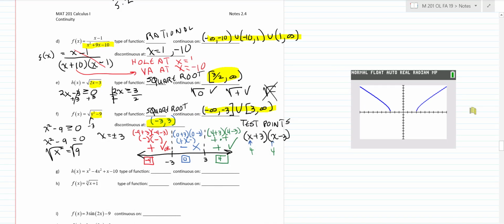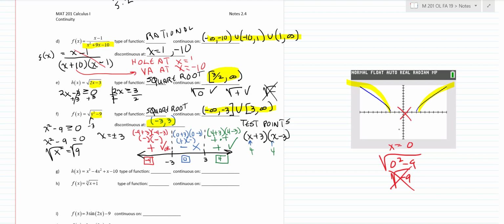Out here, you're continuous, 3 to infinity and negative infinity to negative 3, but you don't have anything going on out here. And I'll show you real quick, if x is 0, you'd be doing the square root of 0 squared minus 9, which is the square root of negative 9. Therefore, you don't have any number there. The function has no defined values there, so there's no graph there. So that's how you would analyze that, okay?